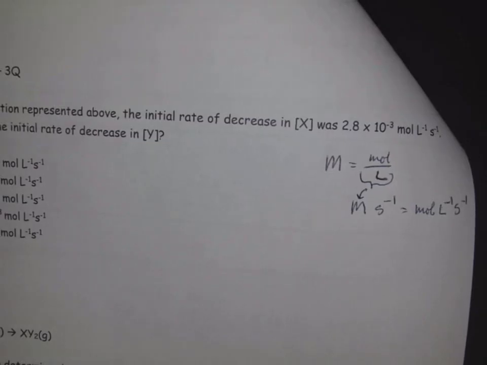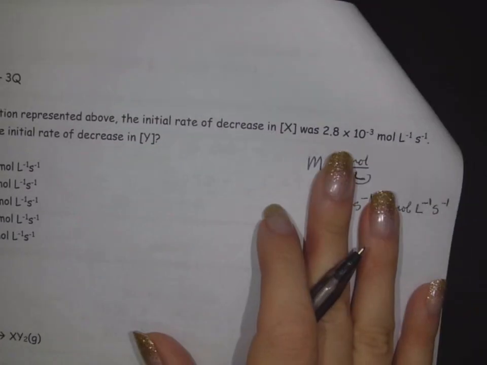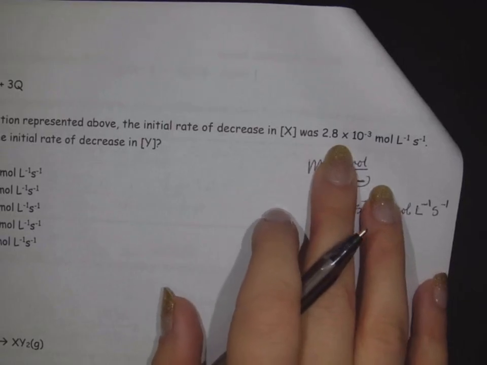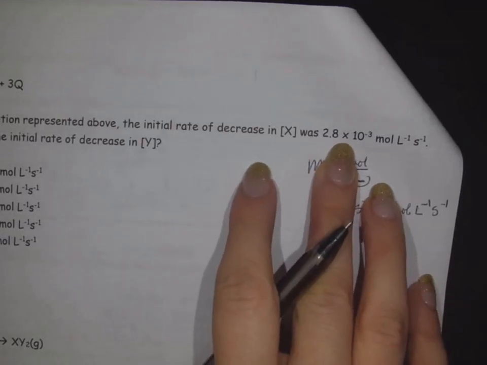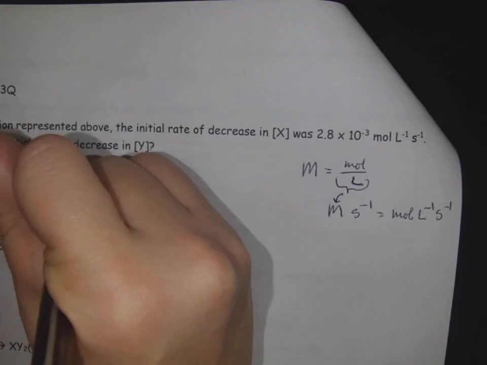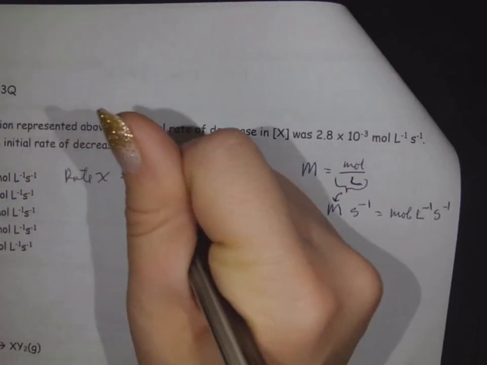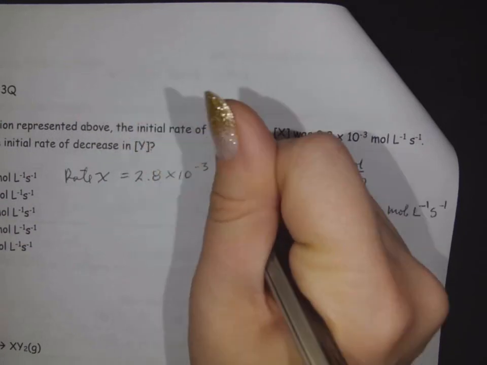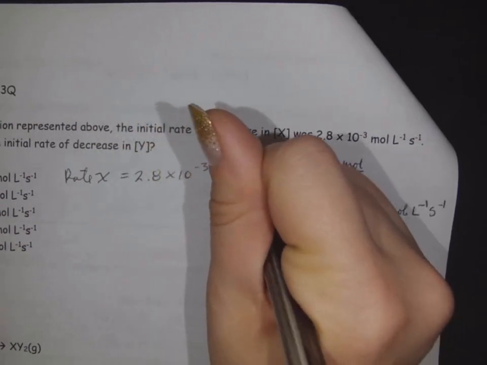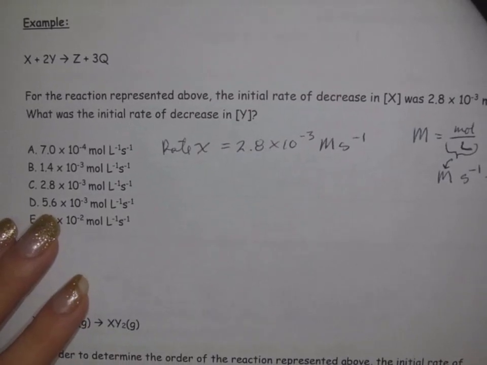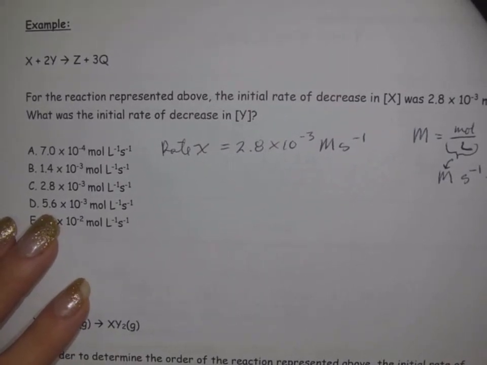So same unit. I just don't want you to feel overwhelmed by that. So we are told that the rate of disappearance of X is equal to 2.8 times 10 to the negative 3, molarity per second. What is the initial rate of disappearance or decrease in Y?